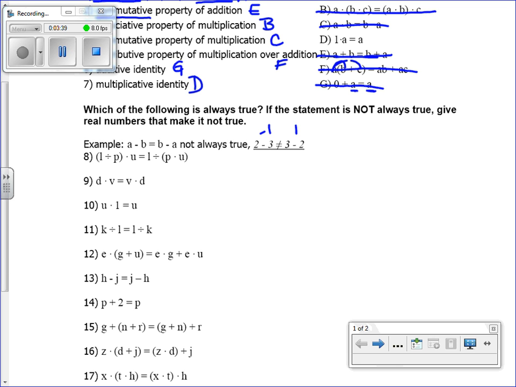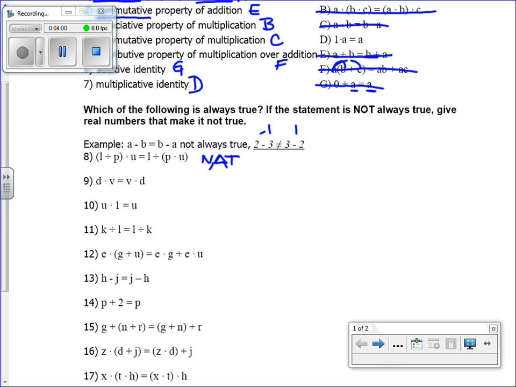All right, 1 divided by P times U equals 1 divided by P times U. Let's go ahead and say not always true. I'm going to say N-A-T, not always true, okay?